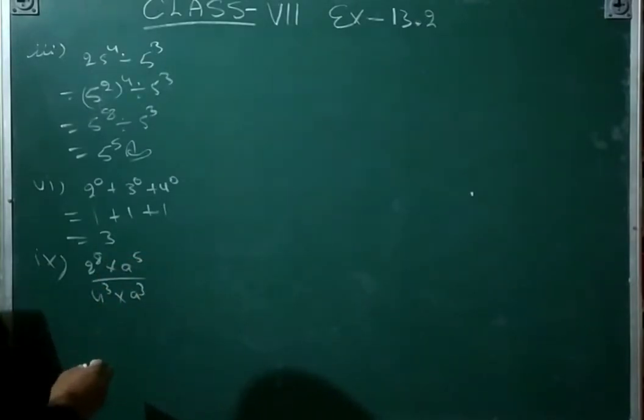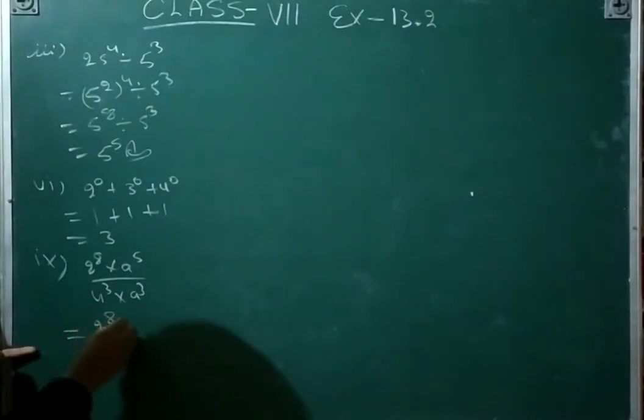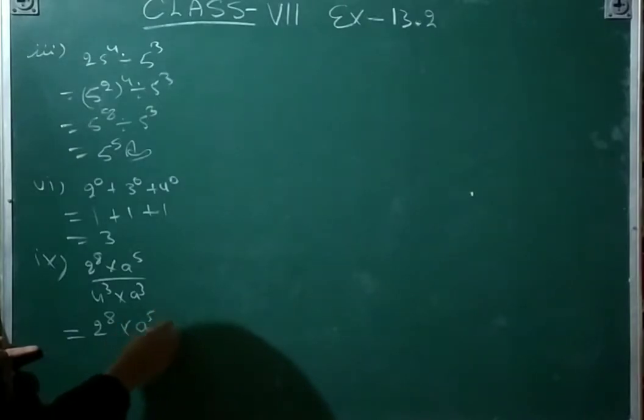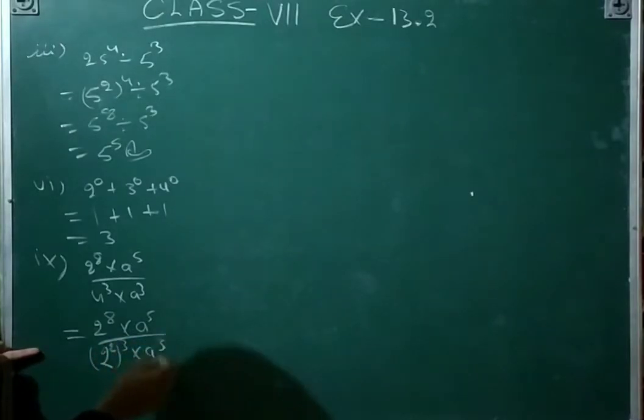First of all we will do that one thing. 2 power 8 multiply a power 5 upon 2 power 2 and then 3 multiply a power 3.